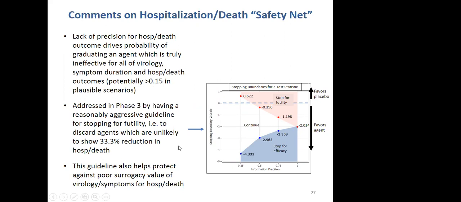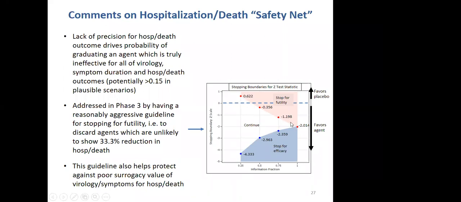So this was addressed in the phase 3 setting by having quite an aggressive stopping guideline for futility. For those of you who are familiar with stopping boundaries, here's the boundary that we were using in phase 3 for Z statistics, a standard O'Brien and Fleming type boundary for efficacy.